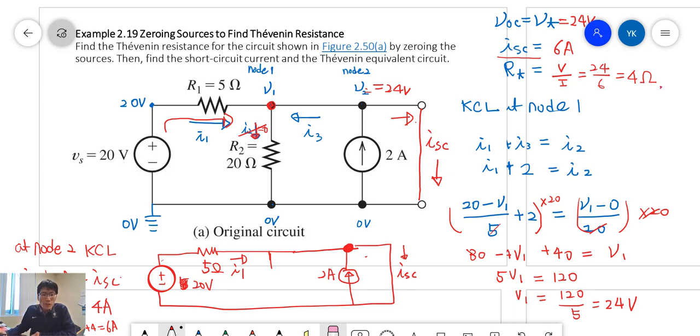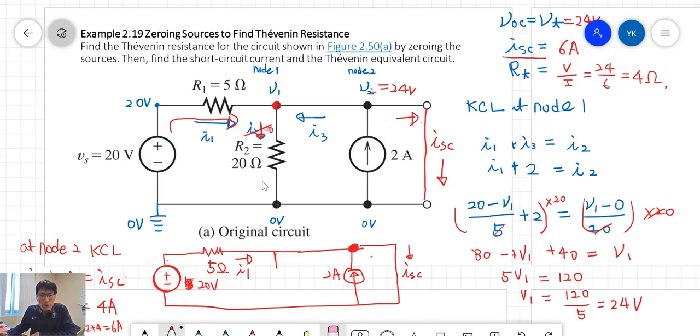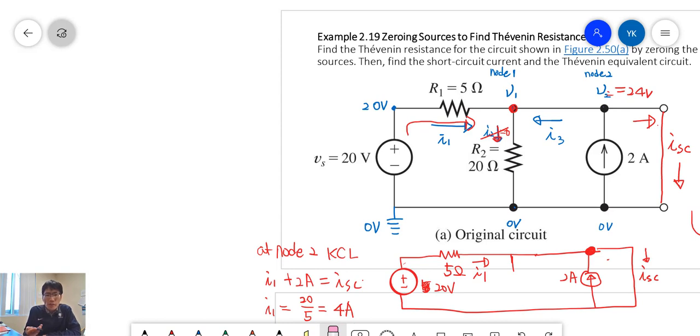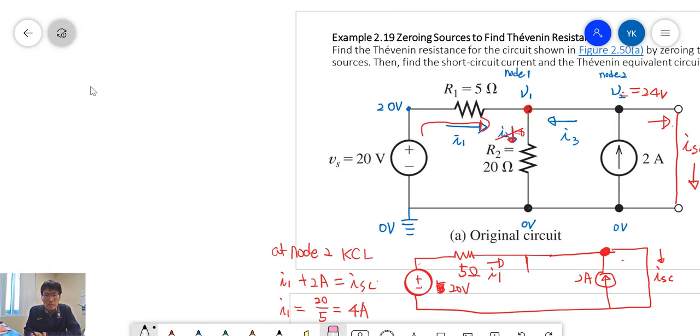Alternatively, you can use another way to calculate the Thevenin resistance. We can apply the zeroing method, so we redraw it. Now this voltage source becomes a short circuit, and one resistor, and this one is open circuit. Oh, I'm sorry, the voltage source is the short circuit, and the current source is open.